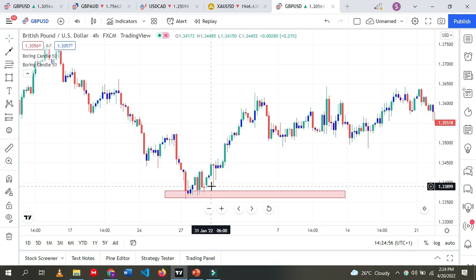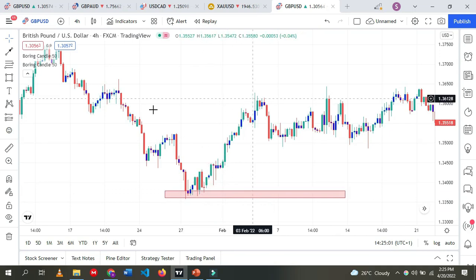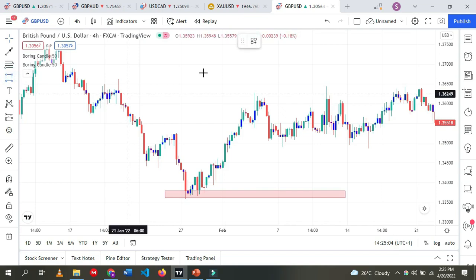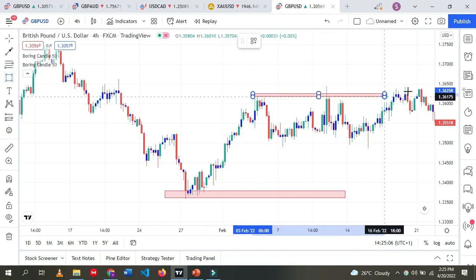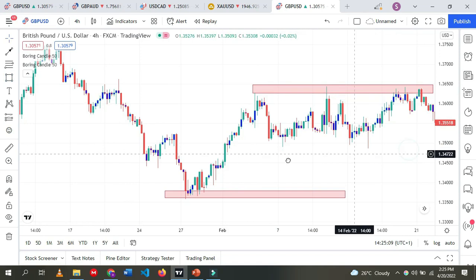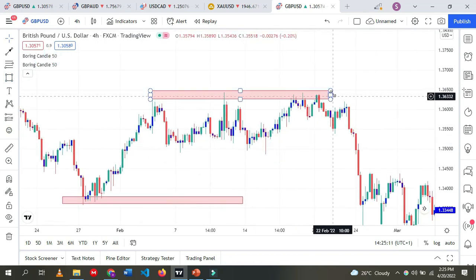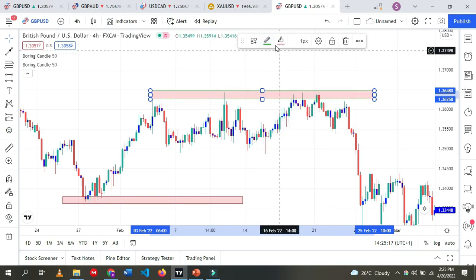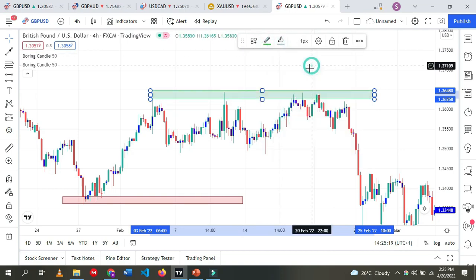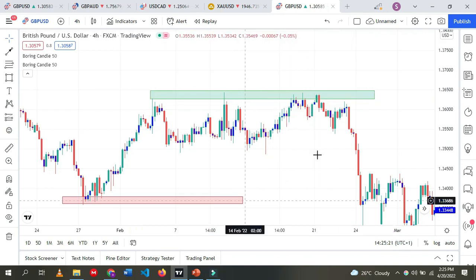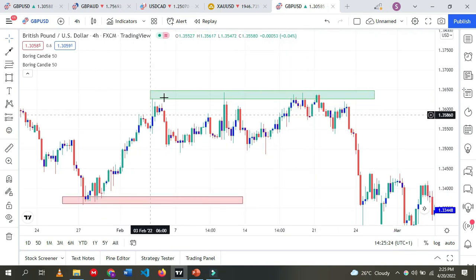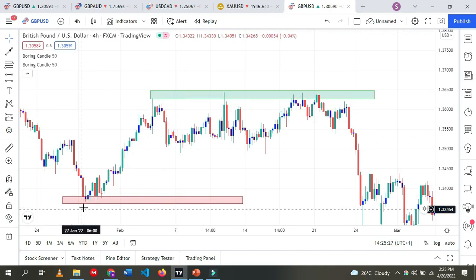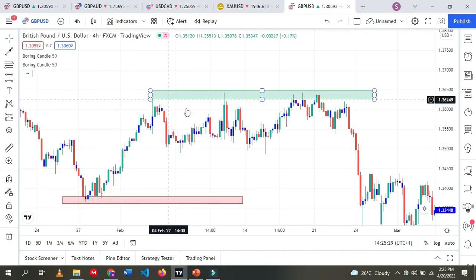Price took a turn from this support, then moved up here. Now price moved from this support, couldn't break this support here, moved up, then came to this place.